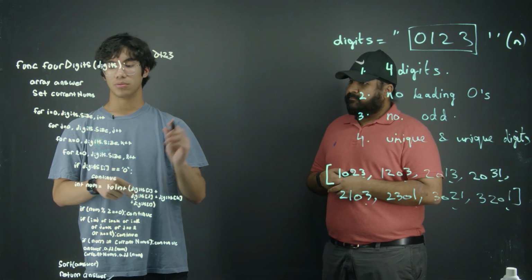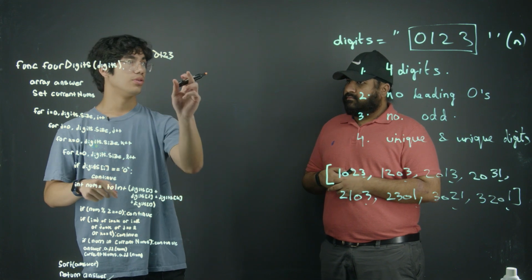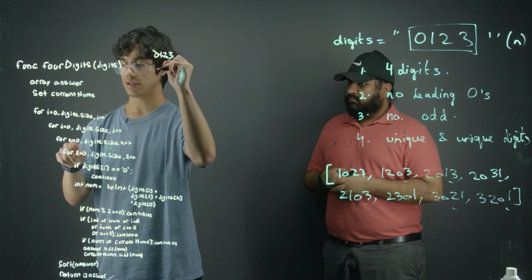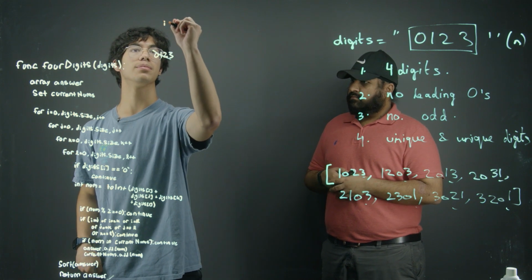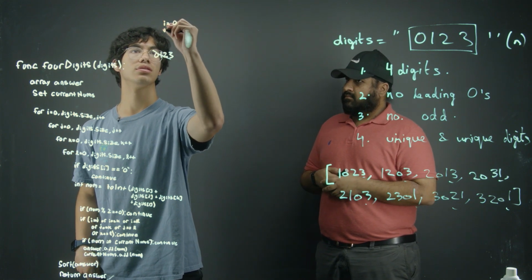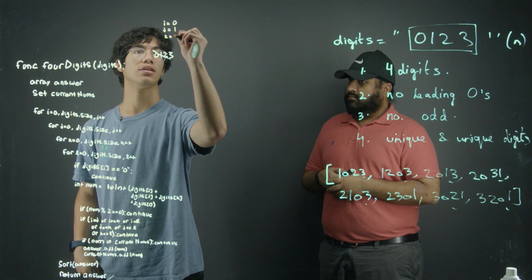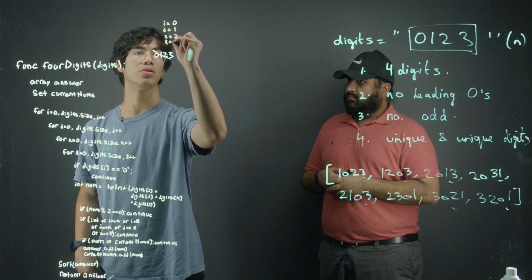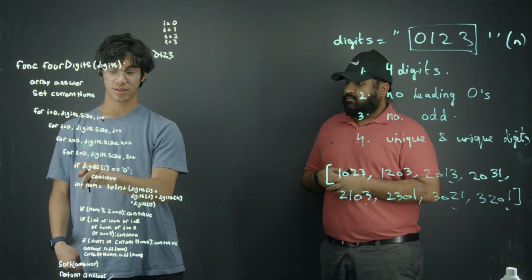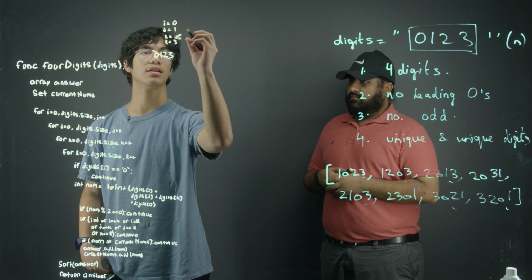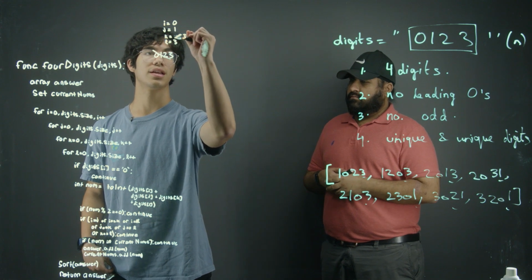So the next thing that we would go over is we would increment the j. So i is 0, j is 1, k was 2, and then l was 3. But we finished this for loop, so now k becomes 3.